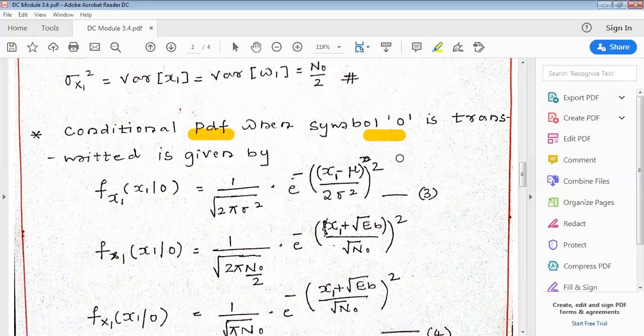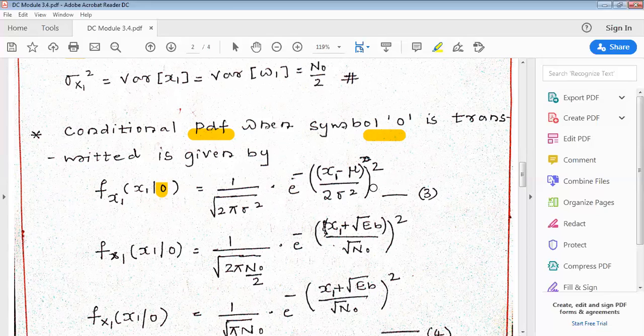We are going to calculate that. So the conditional probability density function is denoted by f of x1 given symbol 0 transmitted, where x1 is the random variable with respect to the received signal x(t) when symbol 0 is transmitted, which is given by the expression.